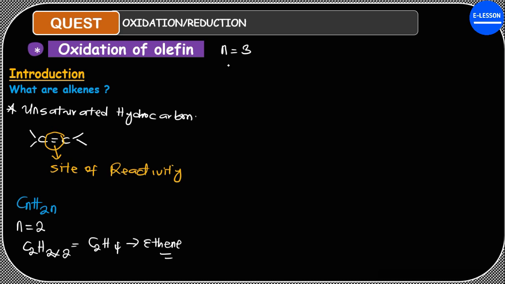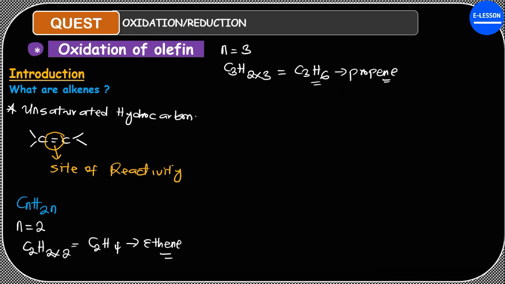This gives us C3H2 times 3, which is C3H6, and we call this propene. And then the process continues like that. Here you have butene, pentene, hexene, heptene, octene, nonene, and decene, which has 10 carbons.